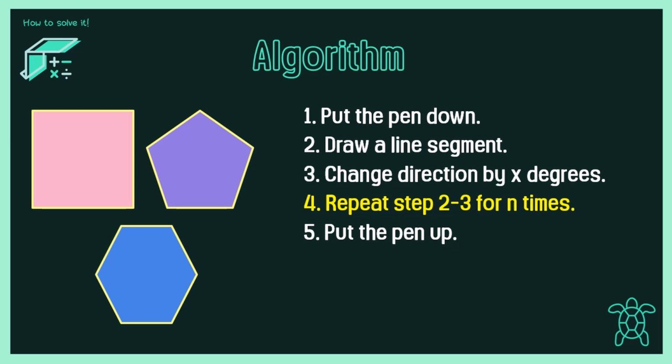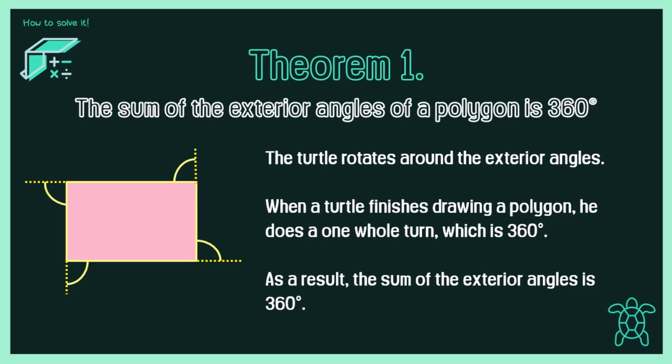And then what will be the degrees to turn at step 3? According to theorem 1, the sum of all exterior angles of a polygon is 360 degrees. So the exterior angle at each vertex in a regular polygon should be 360 degrees divided by n, because the sum of all rotation of the turtle should be 360 degrees.